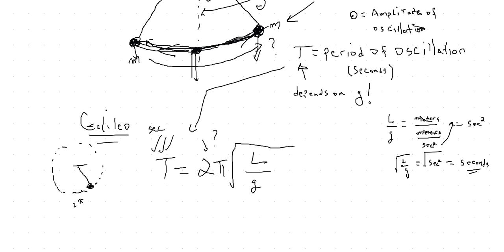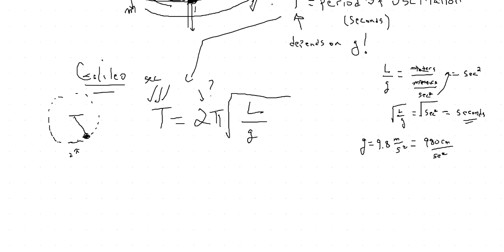Okay. Now remember, G is equal to 9.8 meters per second squared. If we convert this to centimeters, then this would be 980 centimeters per second squared. Okay. And if we wanted to do things in centimeters, well, the same thing works. Oh, I mean L divided by G. Oopsie, sorry.